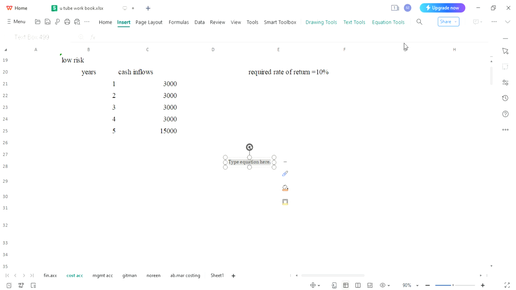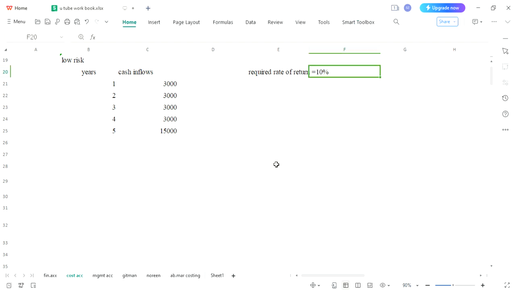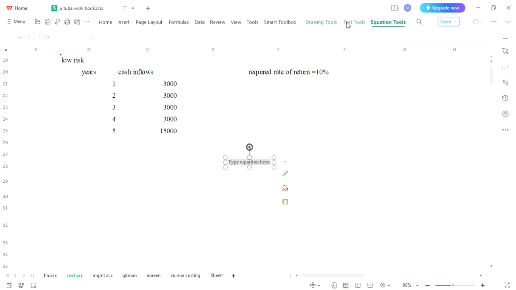This Excel irritates actually. Please be with me for a time being. We need to insert equation, and for equation, tools are, yes, we have got it.